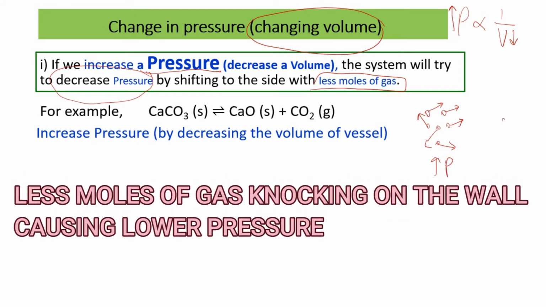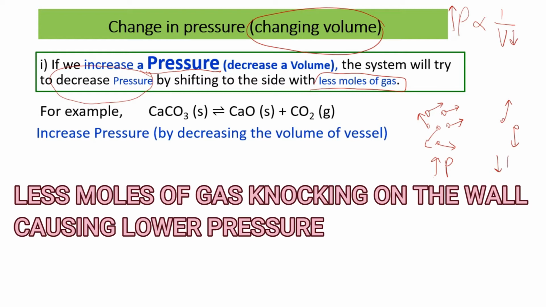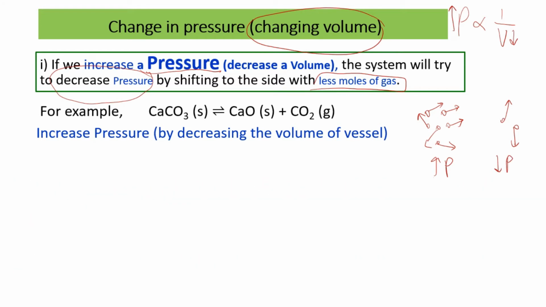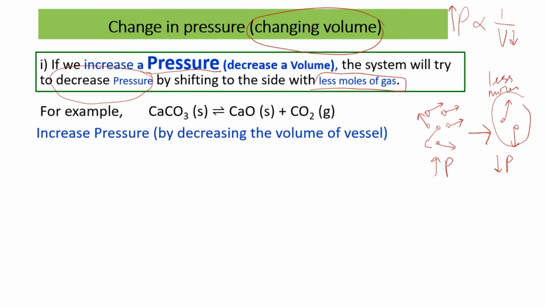If you have less mole of gas knocking at the wall, the pressure will be lower. So if you want to reduce pressure, we would shift to the side which has less mole of gas. Okay, so it depends on the equation.